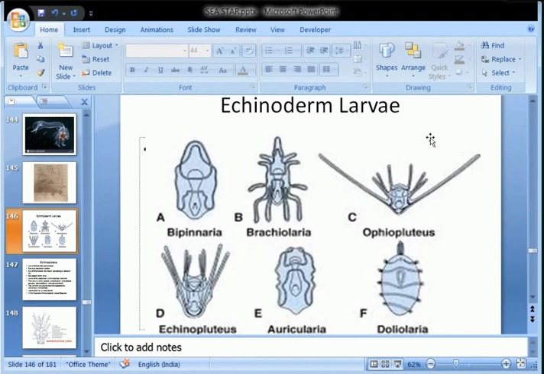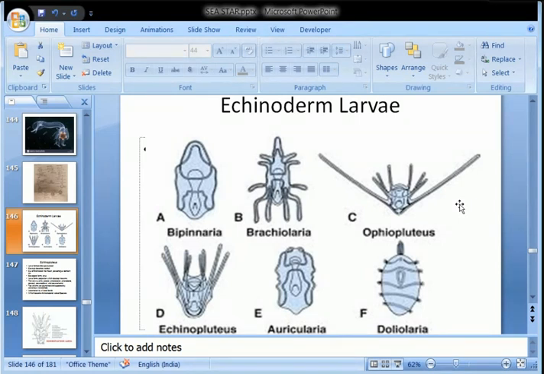Then we have Ophiopluteus. Now this is the larva of ophiuroids. Ophiuroids contain, if you recall from my first class, some echinoderms that have snake-like arms, which start at a narrow junction, and they are extended like that.